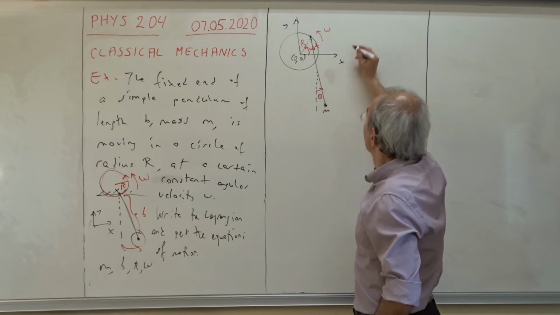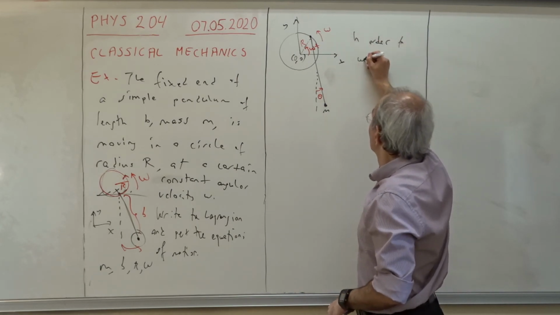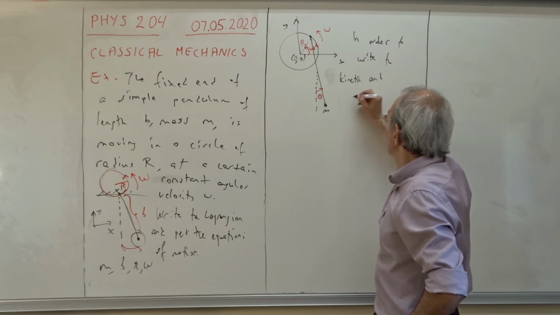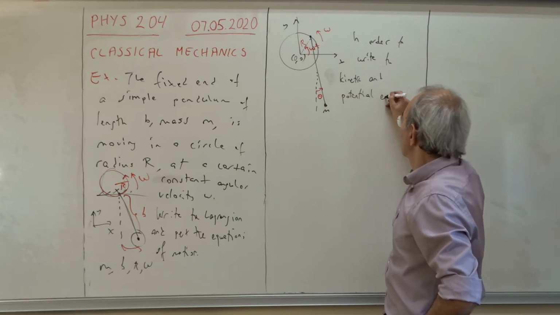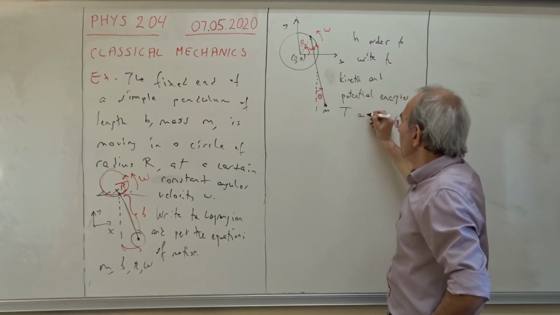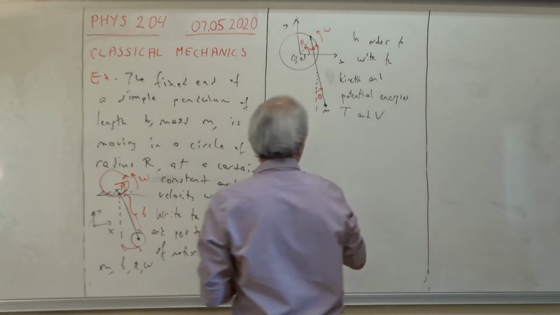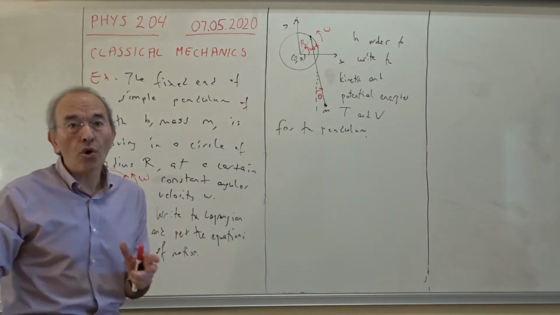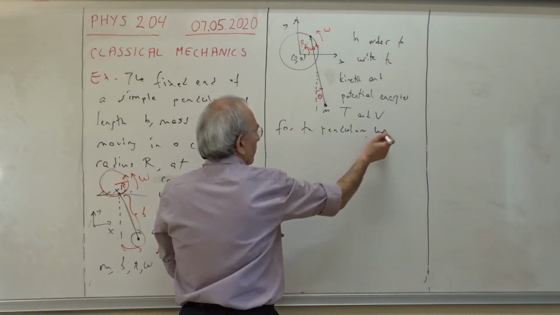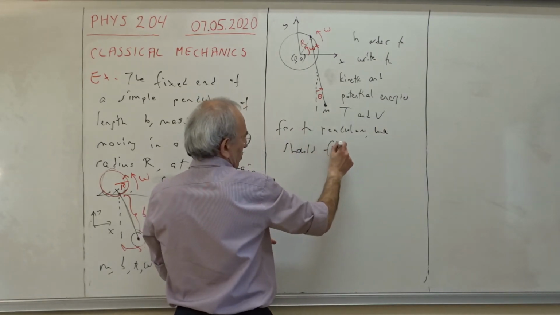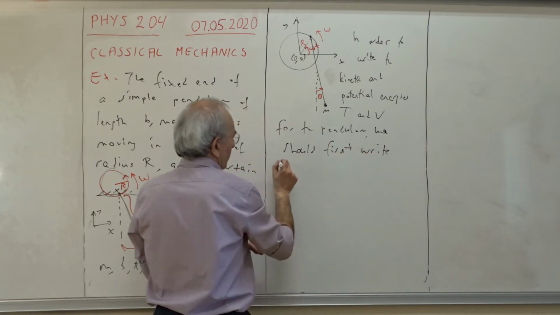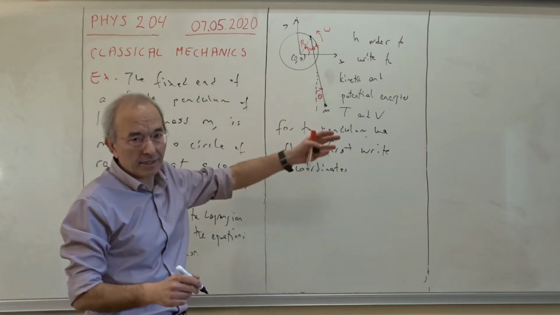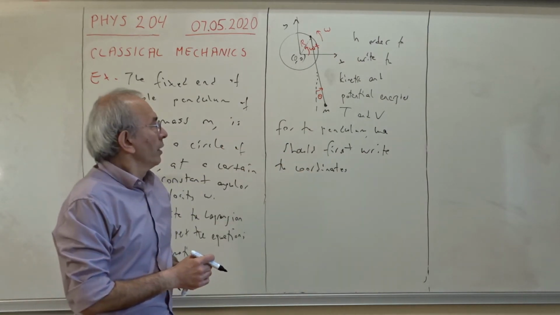In order to write the kinetic and potential energies, T and V, for the pendulum, we should first write the coordinates x and y of the ball, because the mass is very light, other kinds of energies are absent.